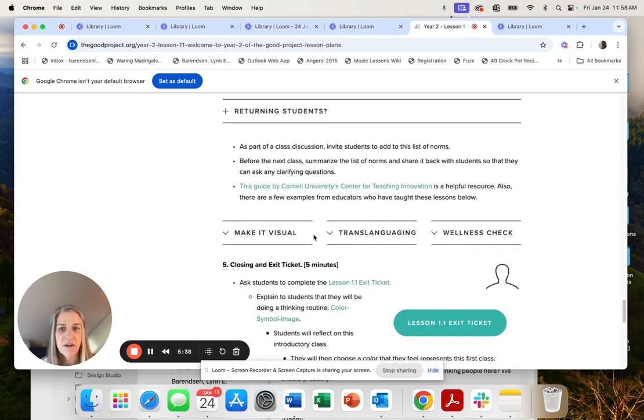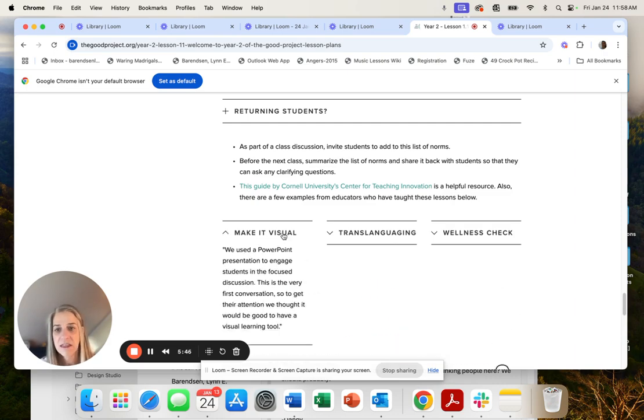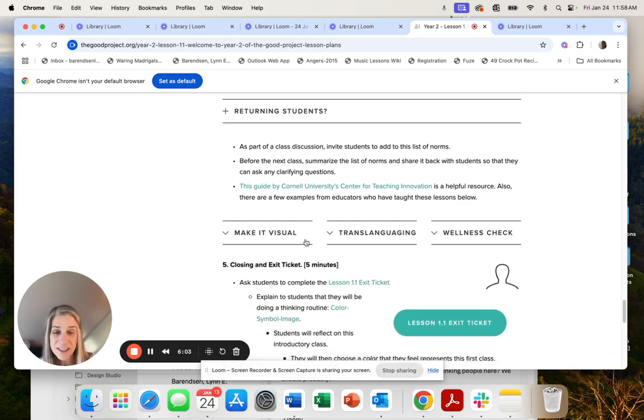And then here are several different ways to think about other than writing. Here are ways to make it visual. These are suggestions from educators who use the Good Project lesson plans themselves. One was talking about making it visual, using a PowerPoint presentation to engage students. She found it to be a very good learning tool.